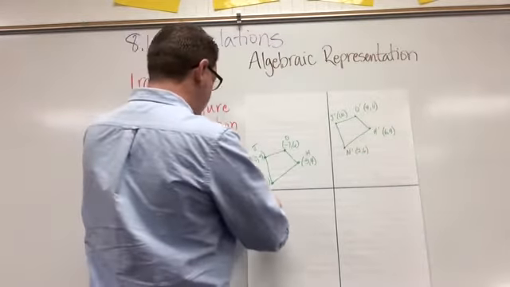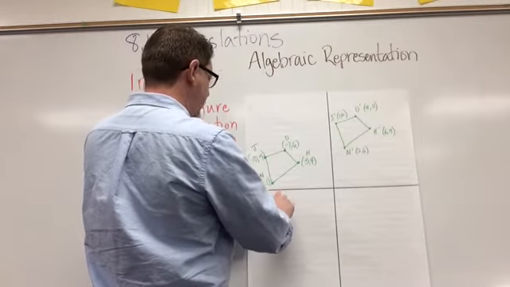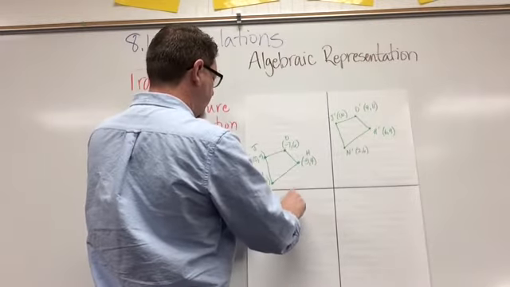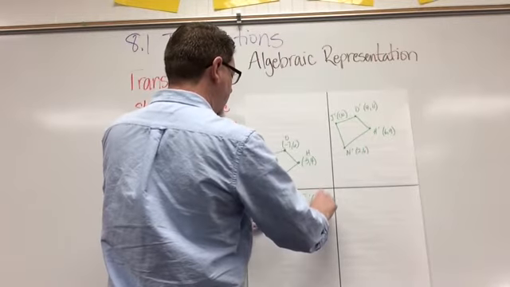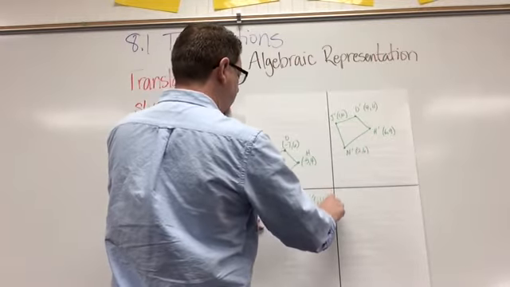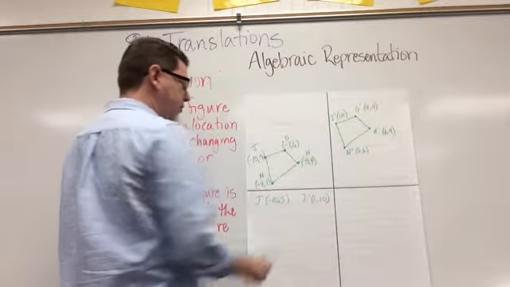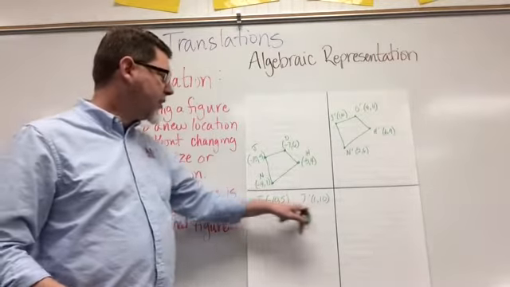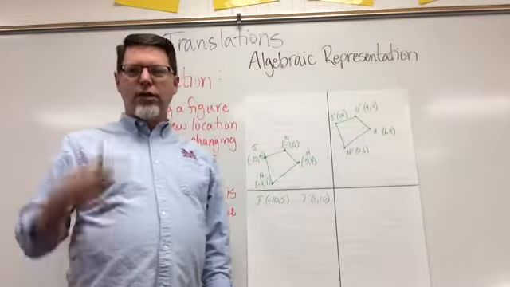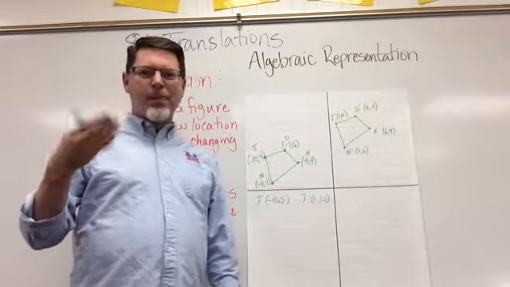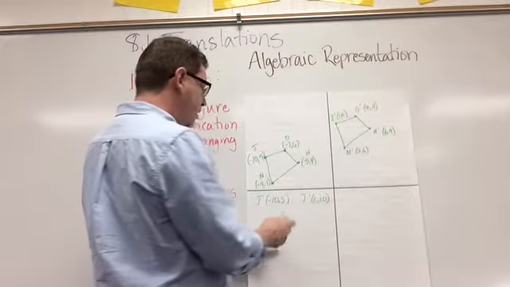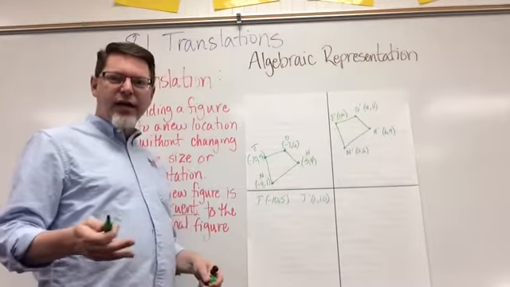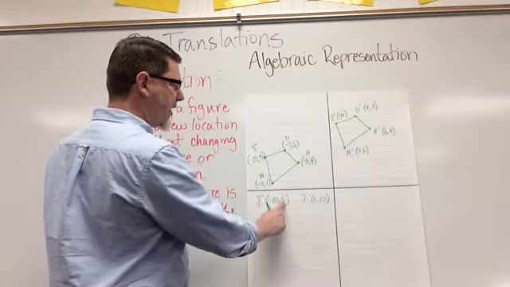If the original J is negative 10, 5, and J prime is 1, 10, how did I get from here to here? How did I get from negative 10 to 1? You're probably thinking in your head, you're right, you added 11, okay? So I know that my x's are changing by adding 11. How did I get from 5 to 10?